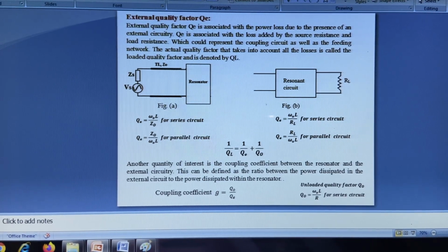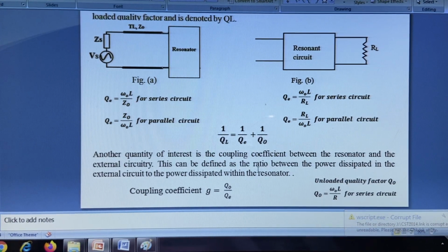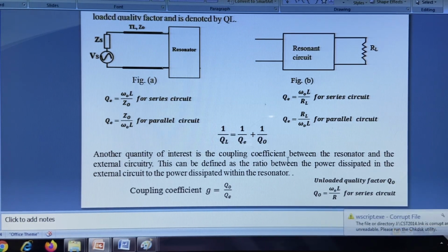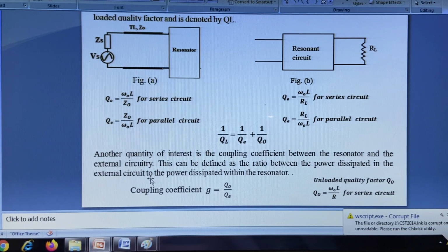Similarly, related to this external quality factor and the unloaded quality factor, one more parameter is defined for the resonator circuit, called the coupling coefficient. The coupling coefficient is defined as the ratio between the power dissipated in the external circuit and the power dissipated within the resonator.